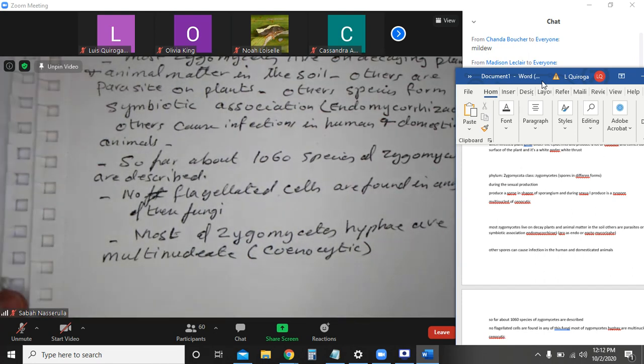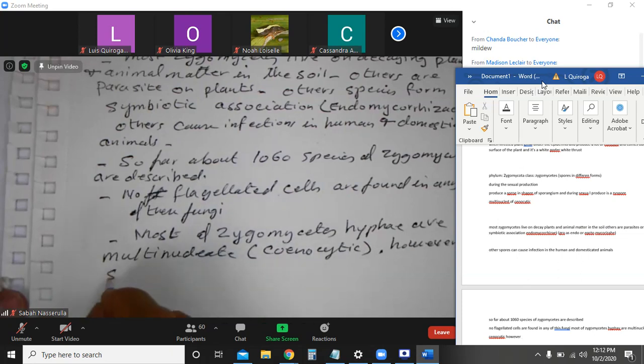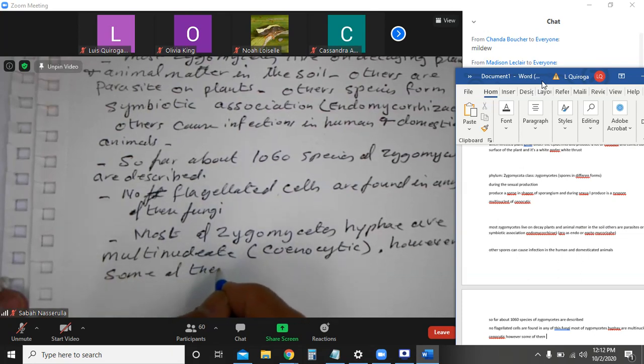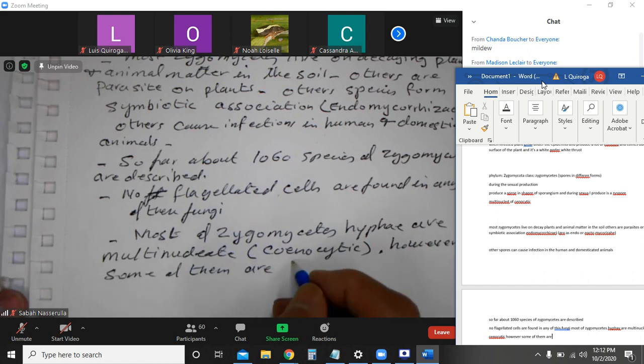However, there are a few species that could be unicellular.